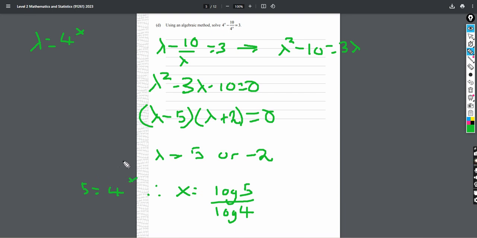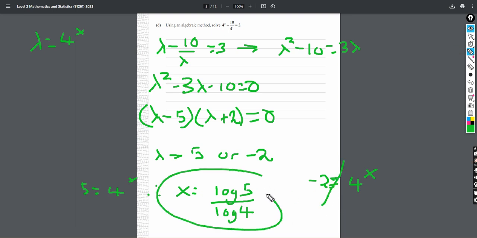Log of 5 equals x log 4, so divide through by log 4, and that equals whatever. Okay, so the second option, minus 2 equals 4 to the x. So you're going to have no solution. This can never have a solution. Hence, this is your answer.